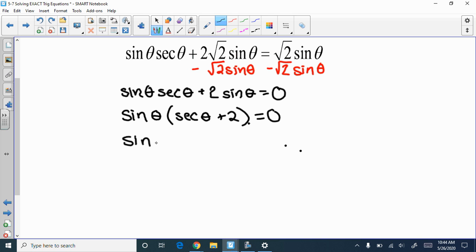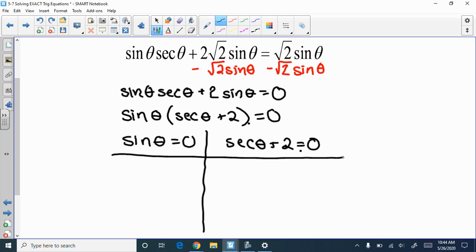And now that you've got your factors, we can set them each equal to 0. So sine of theta equals 0, well, that's going to be when theta is equal to 0, pi, and 2 pi, sorry, I missed pi in there.